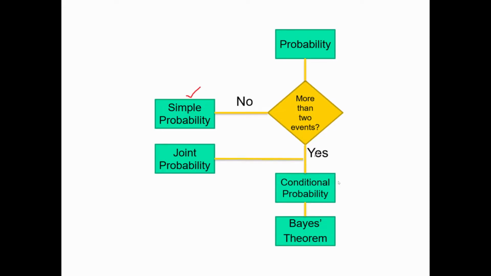If there are more than two variables, the probability can be joint probability, so it can be A and B, or A or B. Then for two or more variables, we can also have conditional probability. An extension of conditional probability is Bayes' theorem. All right. So this is the summary of this topic, and all these things we have done in the last session. It was a recap.